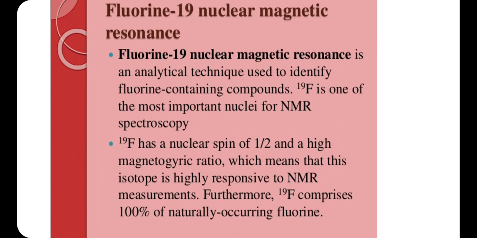The NMR condition is that the nucleus should have a spin value. If the nucleus does not have a spin value, it is an inactive nucleus in NMR. Fluorine has a spin value of 1/2, so fluorine is active in NMR. Fluorine-19 has a nuclear spin of 1/2 and a high magnetogyric ratio, which means that this isotope is highly responsive to NMR measurements.